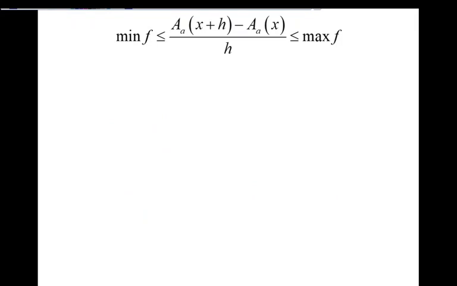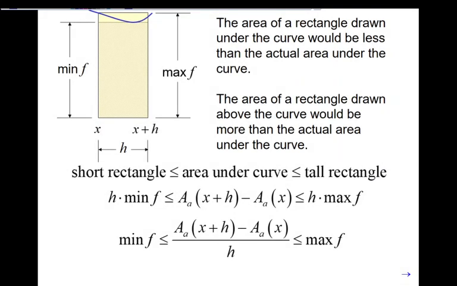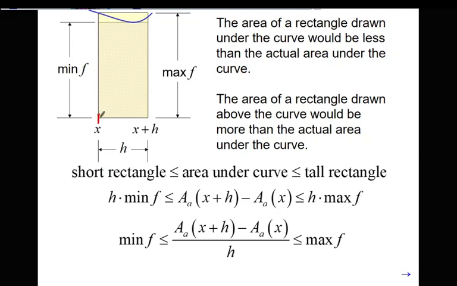Okay? Now, as h gets smaller, the minimum f and the maximum f get closer and closer together. Think of it this way. If we go back to the last slide, as this distance from here to here gets smaller, that means this point here and this point here start getting closer and closer together.